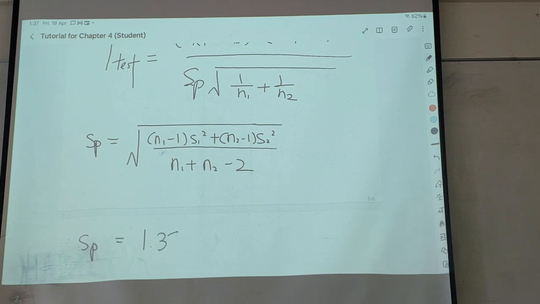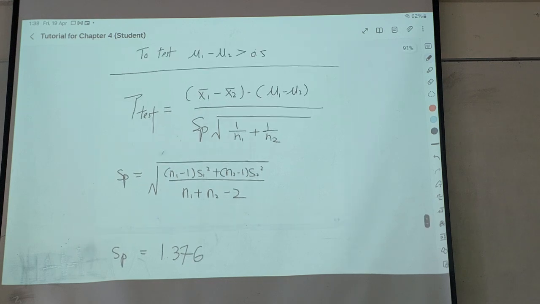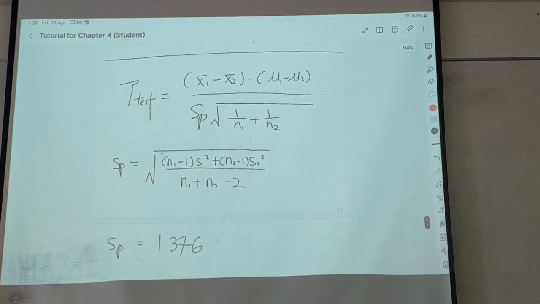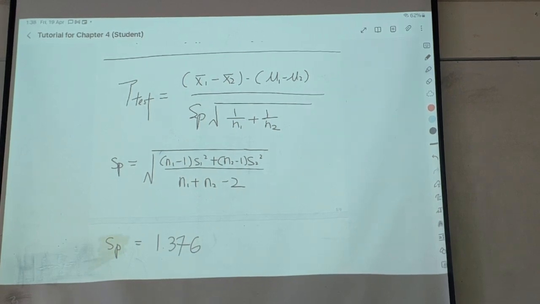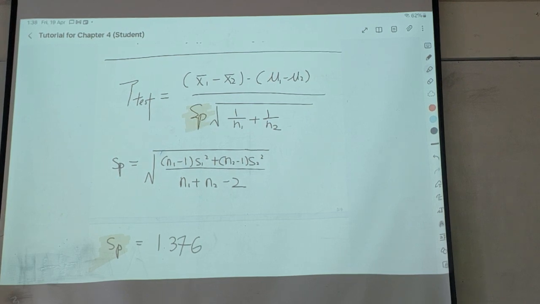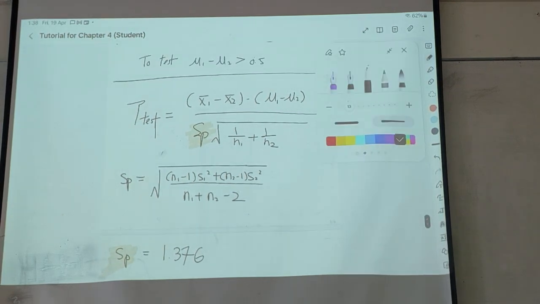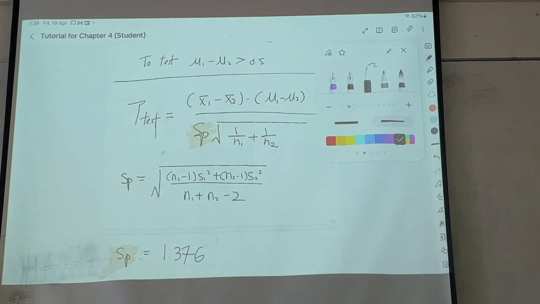Okay, alright. Then you see we get this SP already. You can substitute to this t-test. All other values we already know.